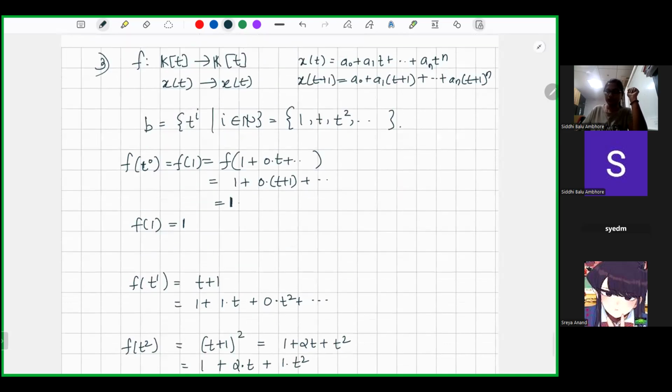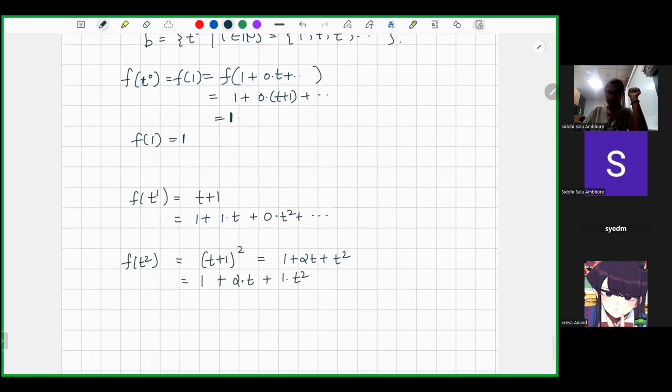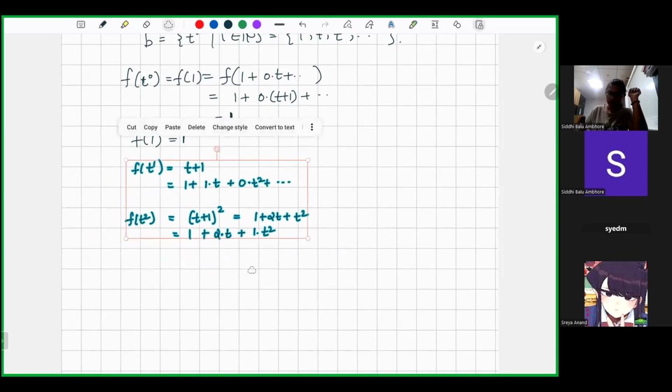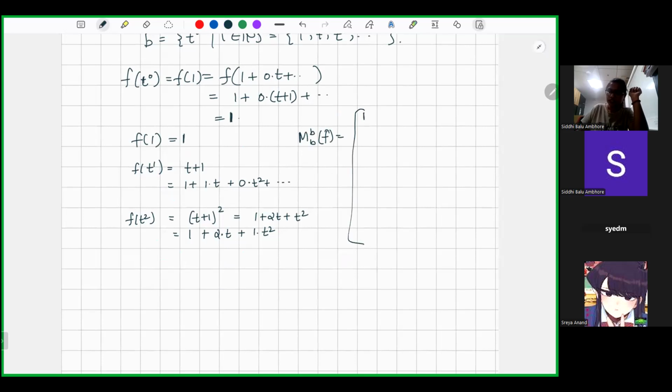So if I am to write this in matrix form, let me just write this here. If I'm trying to do all the entries here, M_B(f): the first one is just 1, 0, 0, 0, and so on. Nothing really happening. Second one, it is 1, 1, and 0.